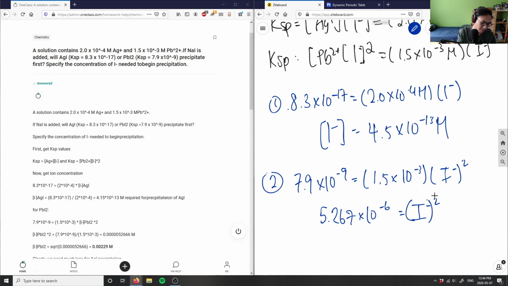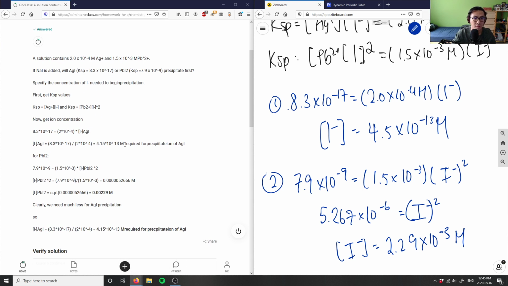You could square root both sides to get I- alone, so I- here would be 2.29 times 10 to the negative 3 molarity.